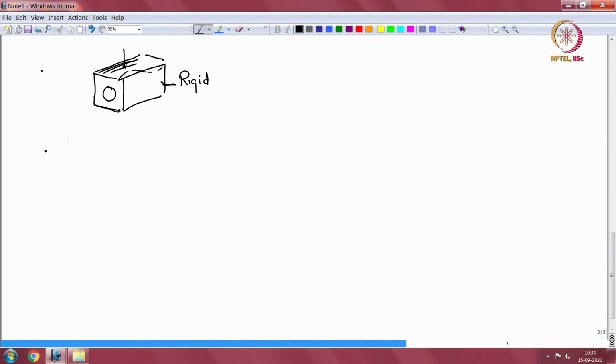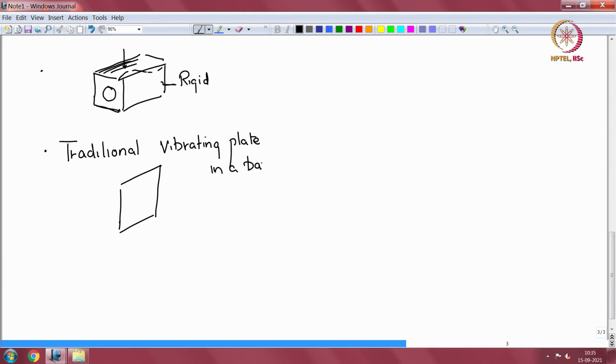This will be followed by a traditional problem, which is a radiating vibrating plate in a baffle or a rigid wall. Baffle is a rigid wall.